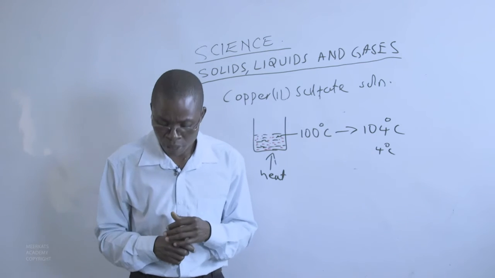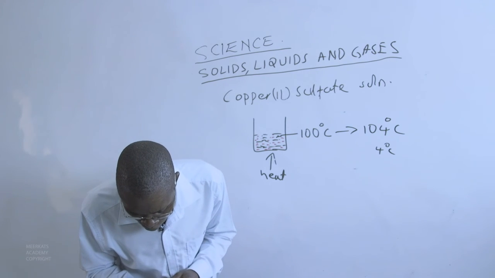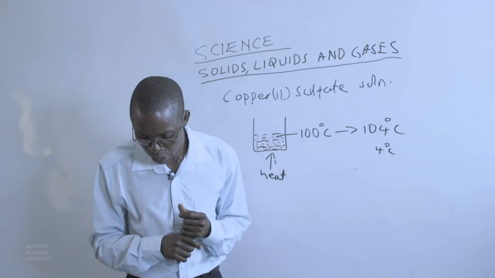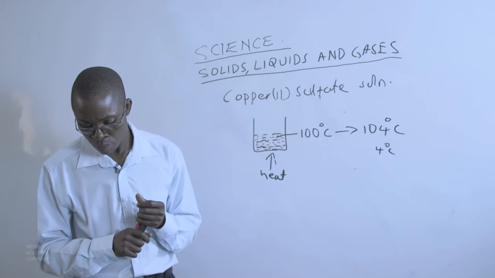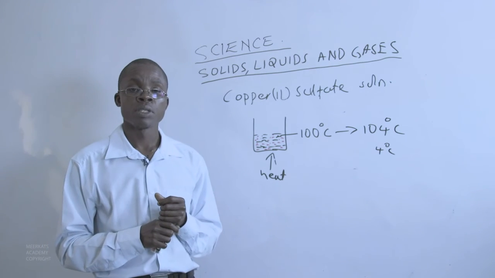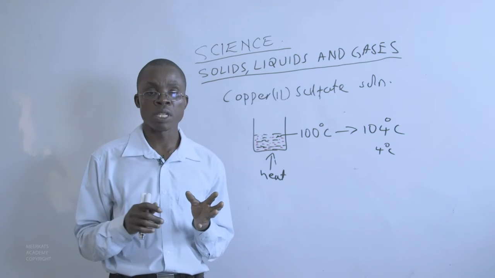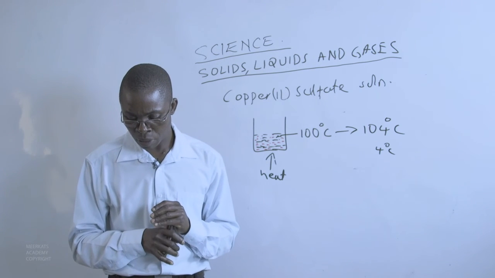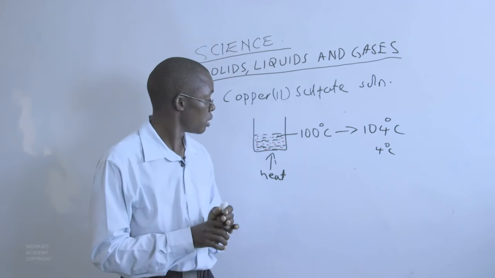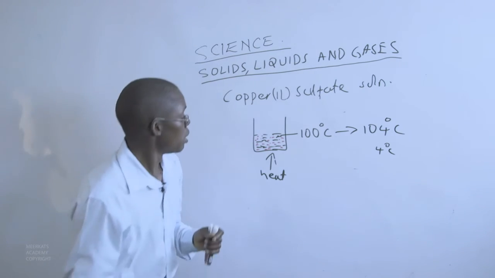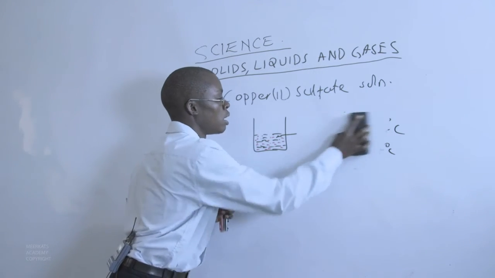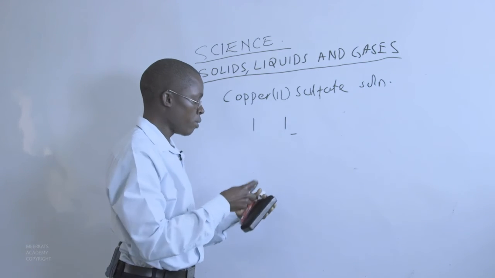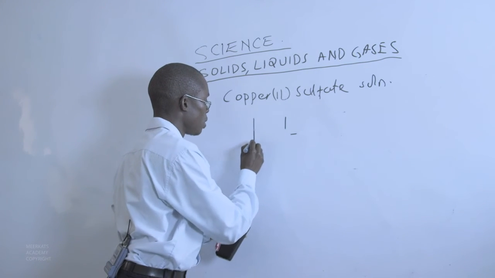The other condition is when enough copper sulfate is added to exactly 100 mils of water. So we want to form a solution here. We are being told that when enough copper sulfate is added to exactly 100 mils, if you take this container, we want to prepare a solution.